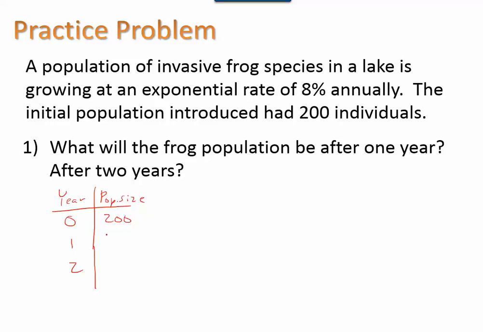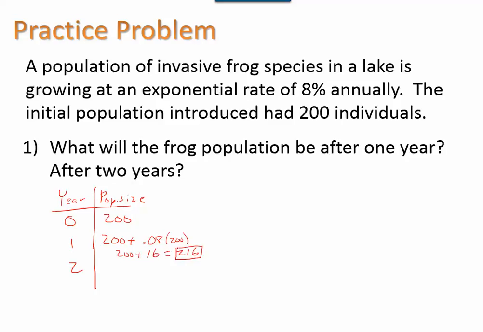After 1 year, this is going to be 200 plus 8% of 200. And we can show that by doing 0.08 times 200. And that's going to be 200 plus 16. So that equals 216.